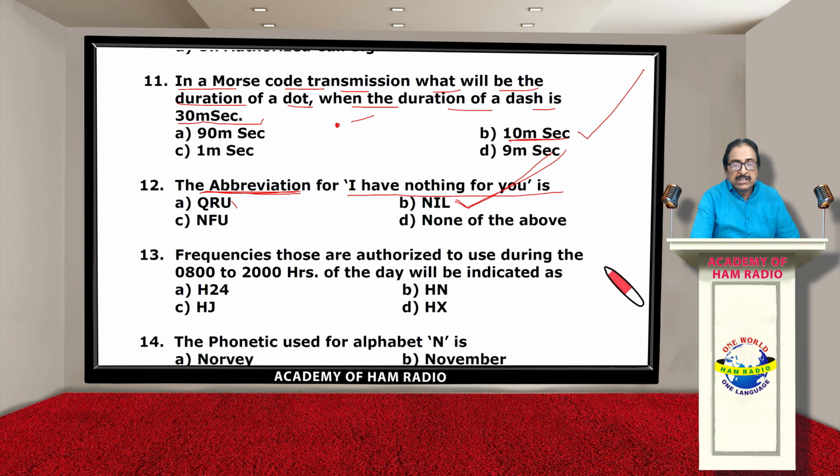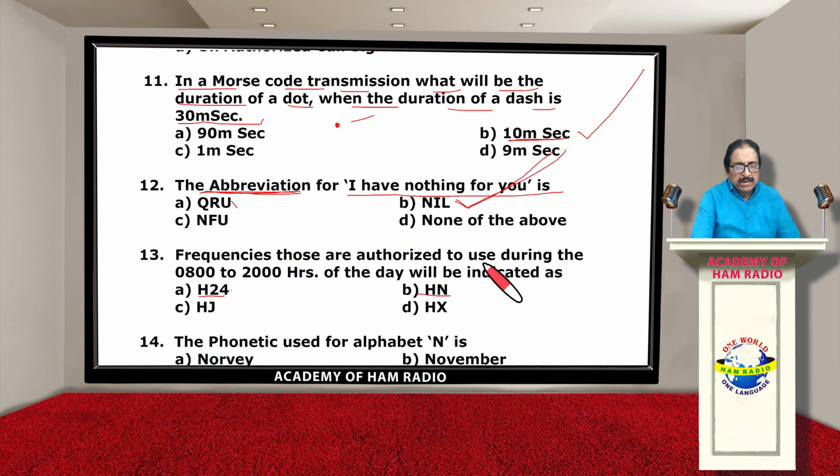Frequencies that are authorized to use during 8 to 20 hours of the day will be indicated as... Here these types of timings are there, normally for Indian Airlines duty timings. So you should be able to know. Naturally, very easily you can recognize H24 means 24 hours, anytime. In a similar manner, HN means night time, night duty.